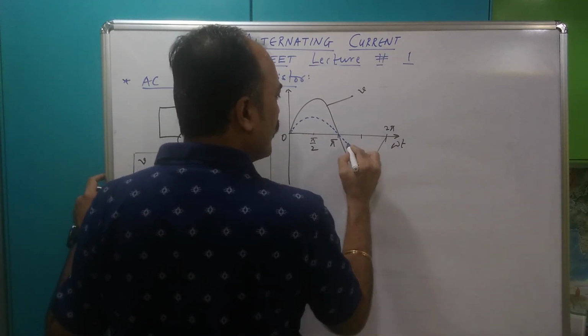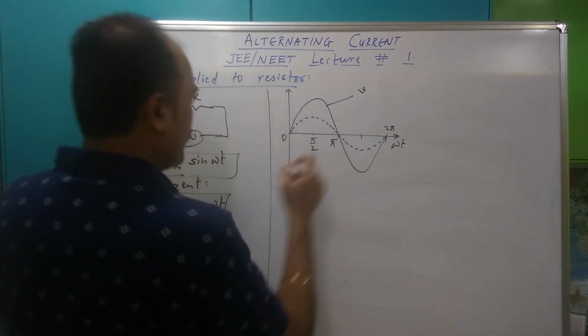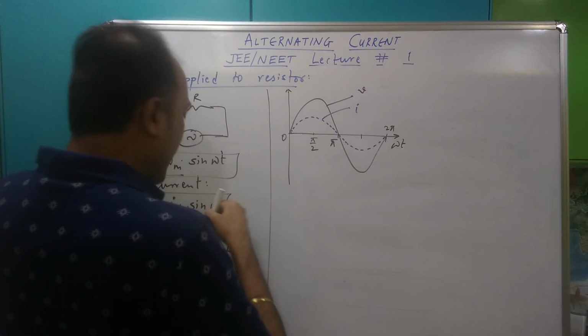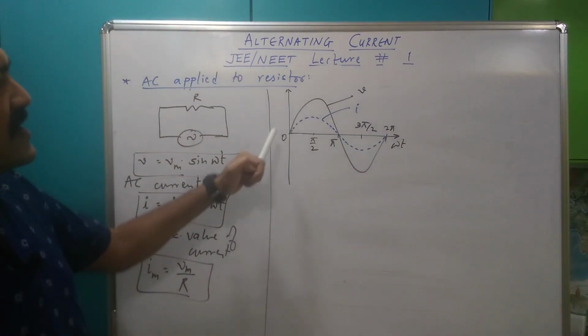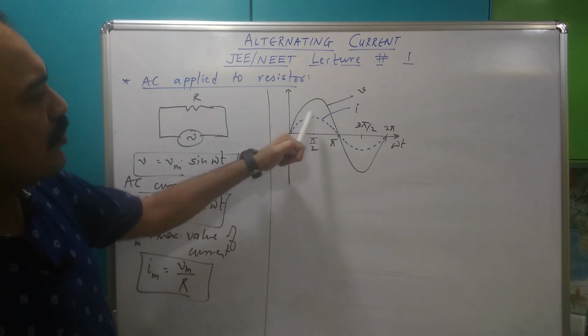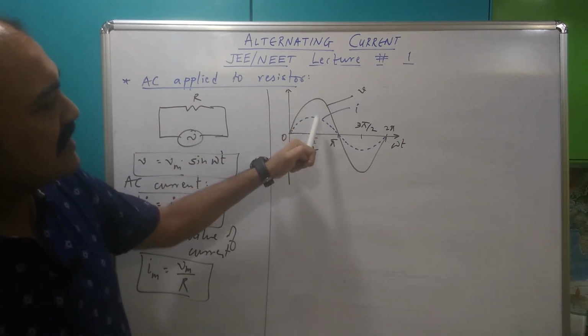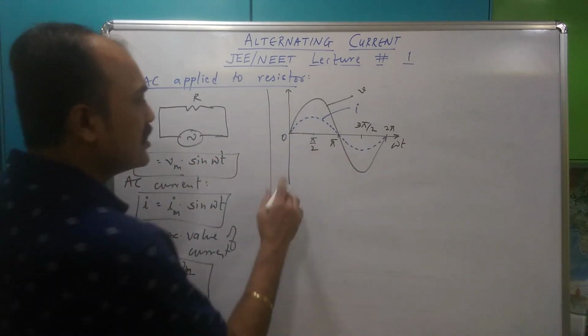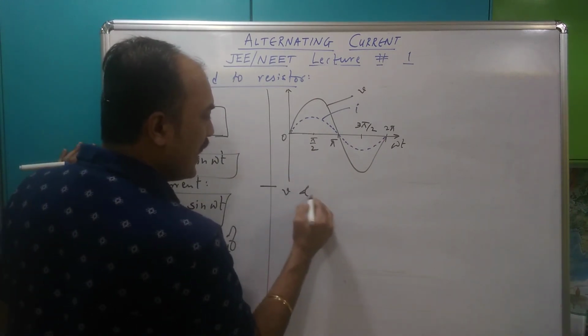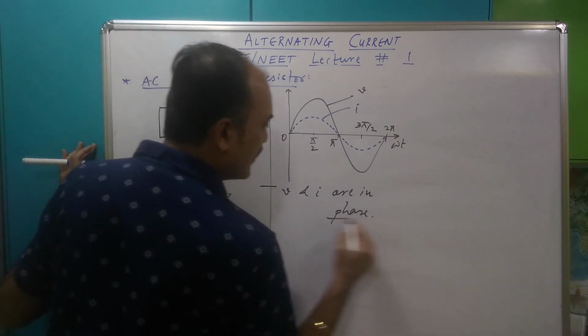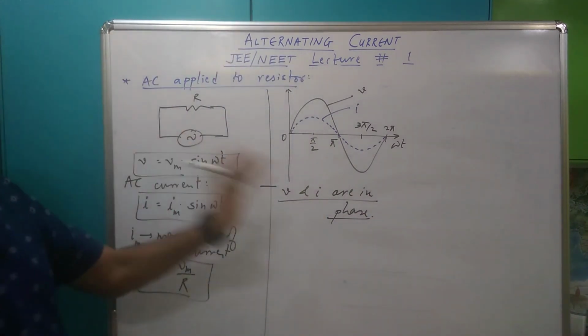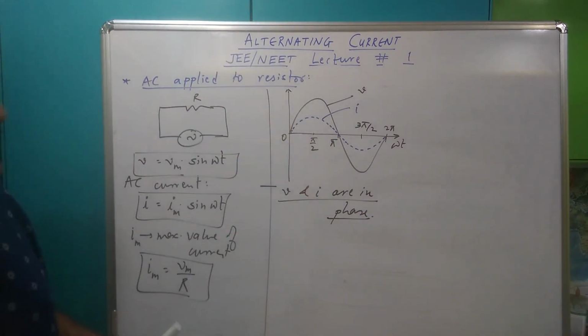You've seen all this before. And this is current. In a resistor, you can see that the current and voltage have their zeros and maxima at exactly the same points. So in a resistor, V and I are in phase. Critical argument: V and I are in phase in a resistor.